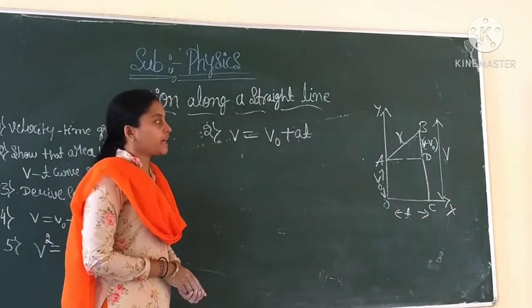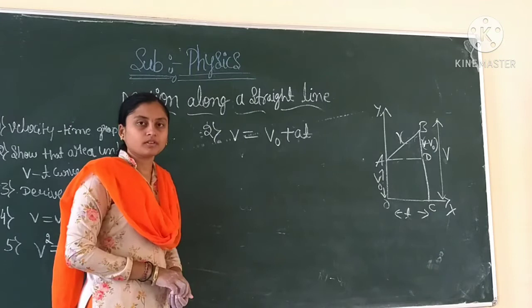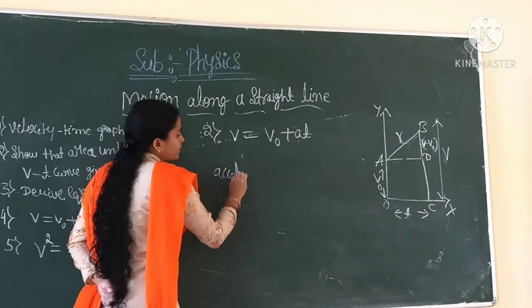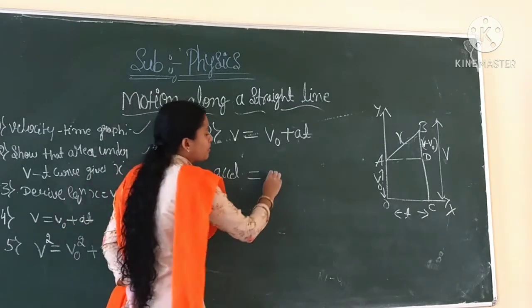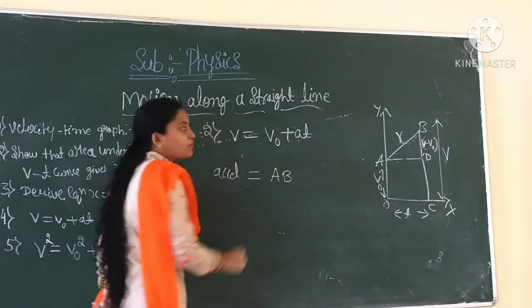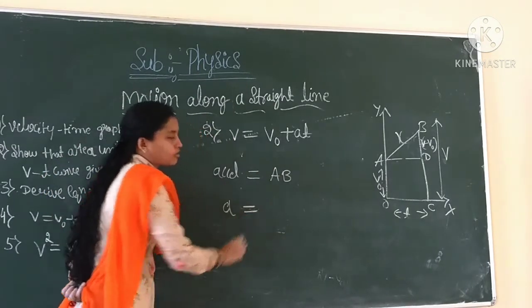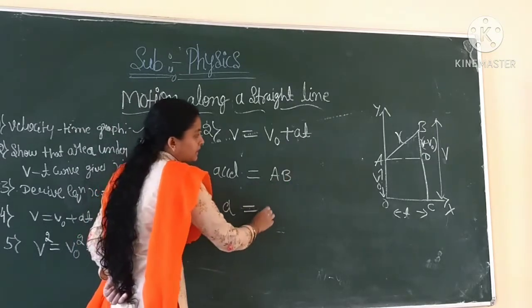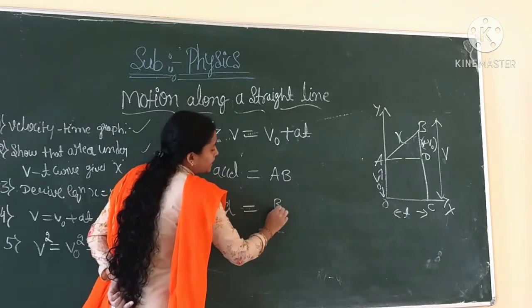So the acceleration of the particle or body is equal to the slope AB, which is the vector BD divided by AD.